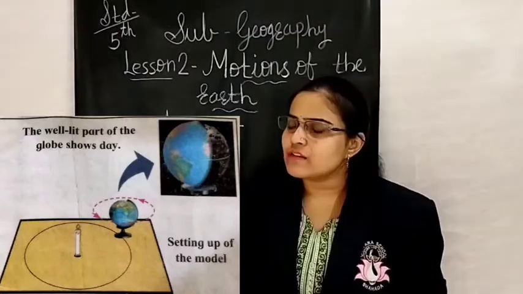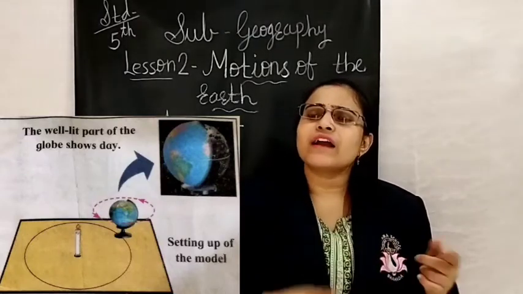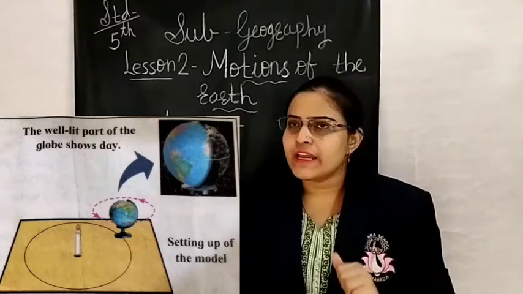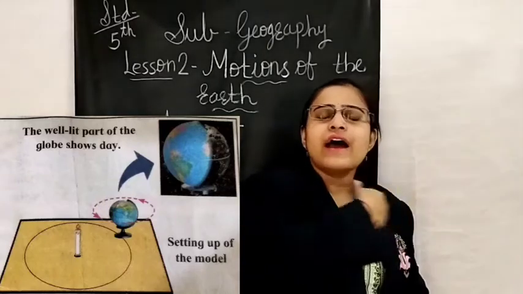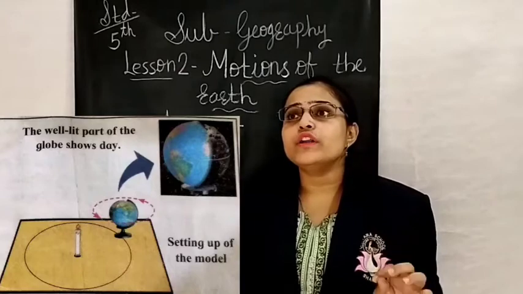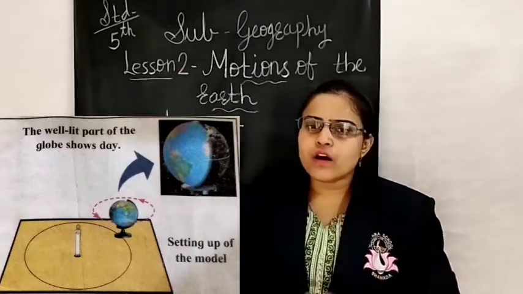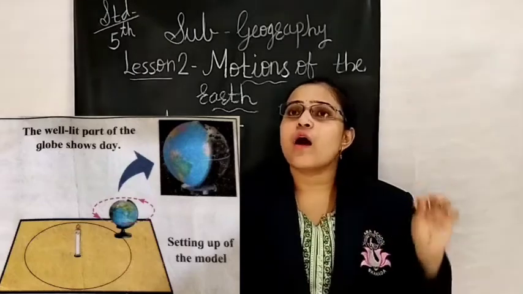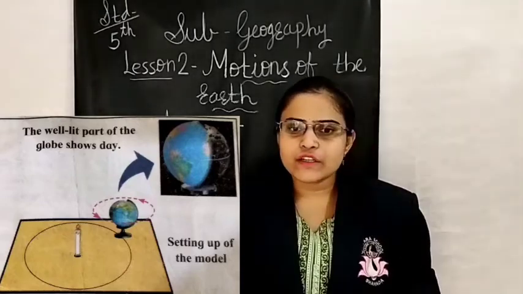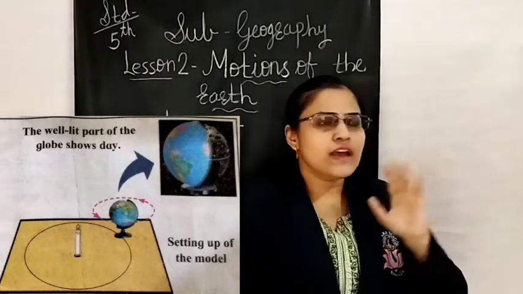Eventually the globe will move and come back to its original place on the circle. This is how the earth revolves around the sun. It also rotates around itself.